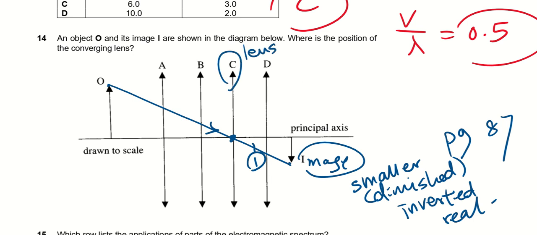So now I need you all to practice drawing ray number 2. What is ray number 2? Parallel. After that, it should cut F, right? It should cut F, but it should also meet at the image, right?